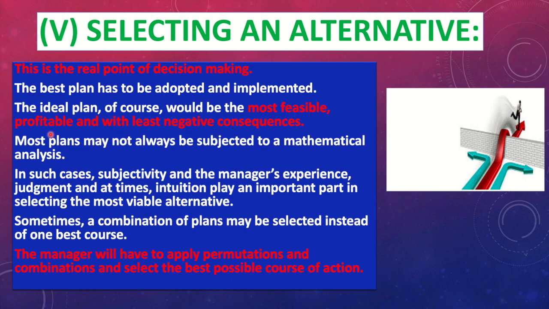Remember it. It should be most profitable and with least negative consequences. There is a possibility that some kind of negative consequences are possible, but they should be least. Most plans may not always be subjected to a mathematical analysis. So we need to see the subjectivity aspect also, and then the manager's experience, that also counts.